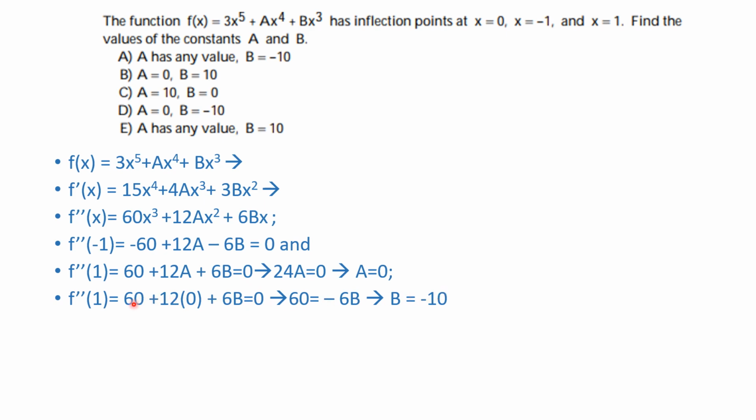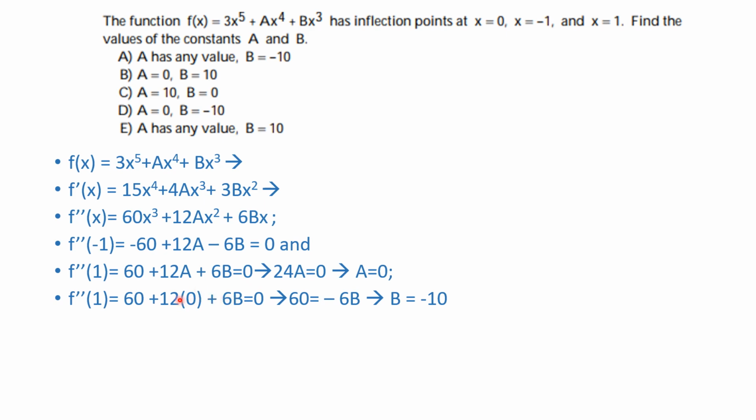What we did is the following: f double prime of 1, and we said this is equal to 60 plus 12 multiplied by a, and we already decided that a is equal to 0, so this term will go, and then this is plus 6b.